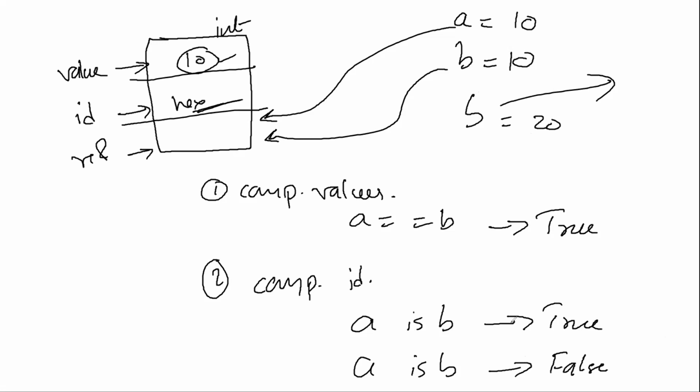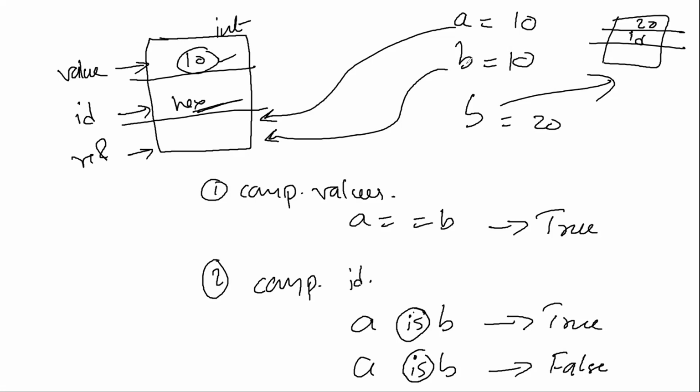Both cannot have the same identity, because there will be another block of memory holding 20 and it will have a different identity. Now B is referring to that identity. So this is the identity check. For that we use the is operator. Excuse me, sir. Sir, A and B both are different variables.